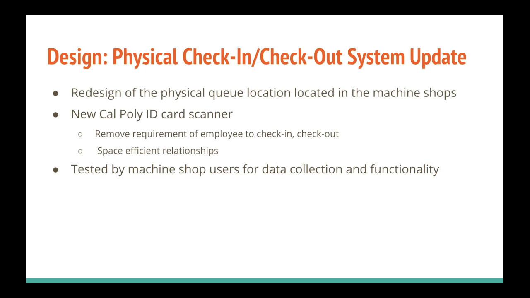Space-efficient relationships between the queuing area and the check-in station will need to be developed and then tested by the machine shop users and its employees. From these tests, data will be collected and the functionality of the system will be able to be analyzed.